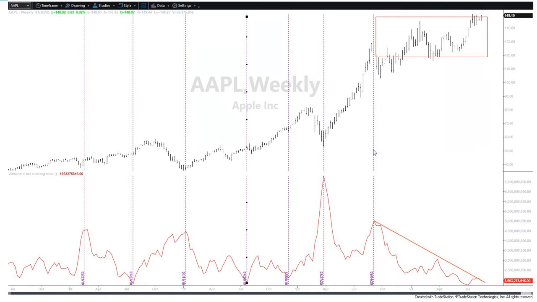And then when we get to the end here, you can see this peak coincided with this peak in volume, and then for the last several months, or year actually, we're really not making much upside progress on the price here, but we're steadily declining in the rolling volume totals.